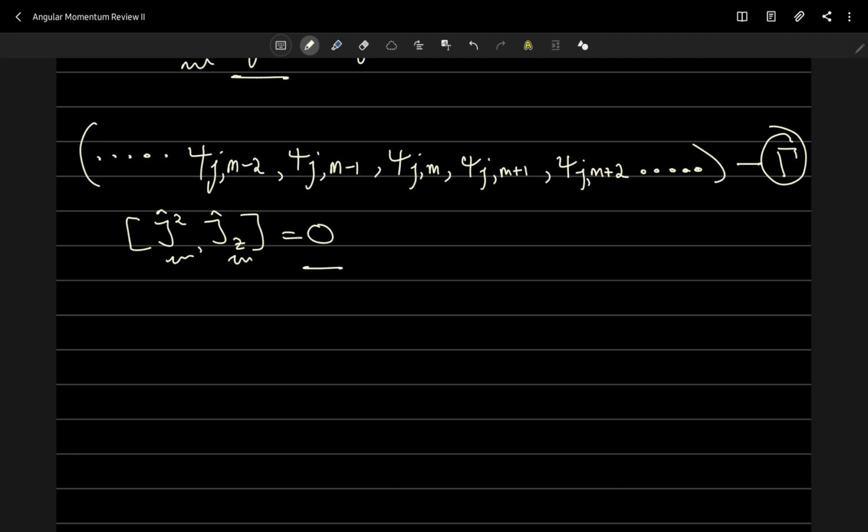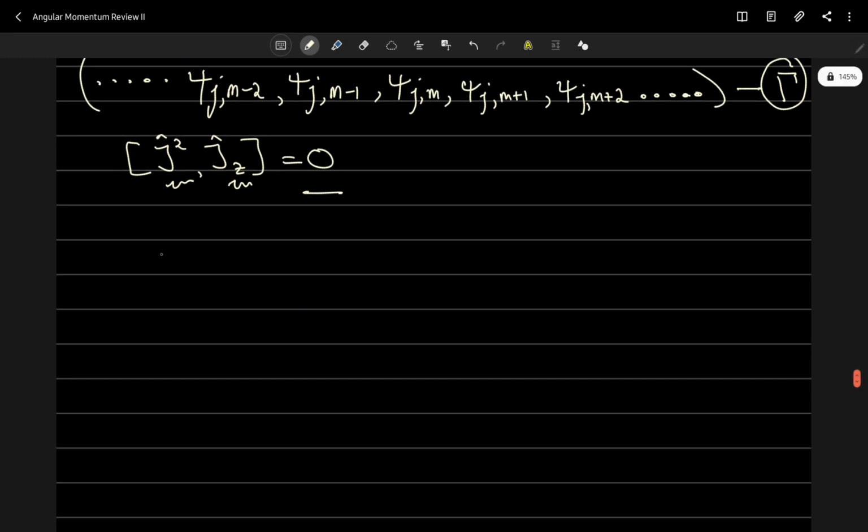So let psi j m be a common eigenfunction with eigenvalue h bar k whole squared. Let me write that down: j squared psi j m is equal to h bar squared k squared, where k is your wave vector and h bar k is your momentum, so the square of that times psi j m.